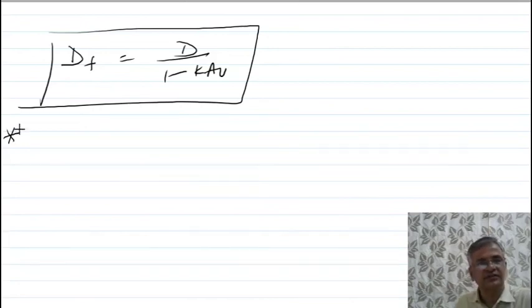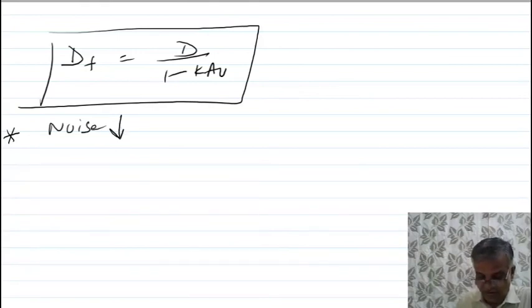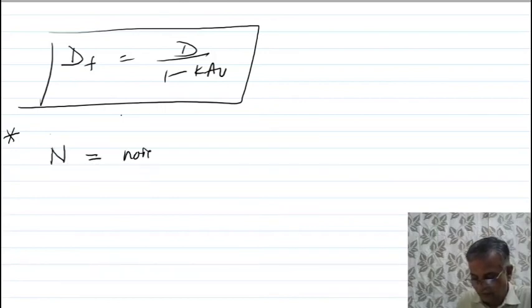Next reason is also similar. We have seen first, stability increases. Second, bandwidth increases. Third, distortion decreases. Fourth, noise decreases. I can write the noise symbol, you know this.